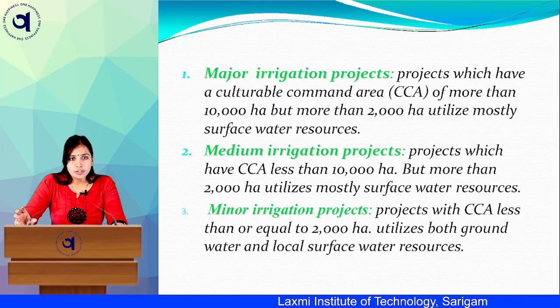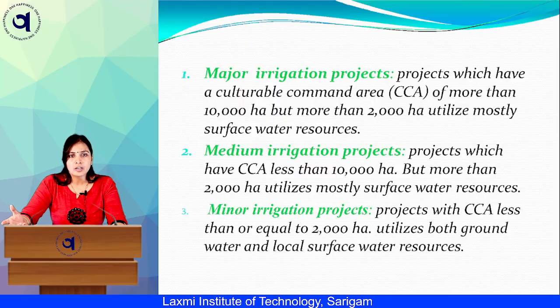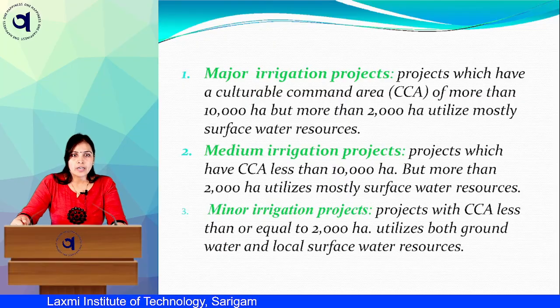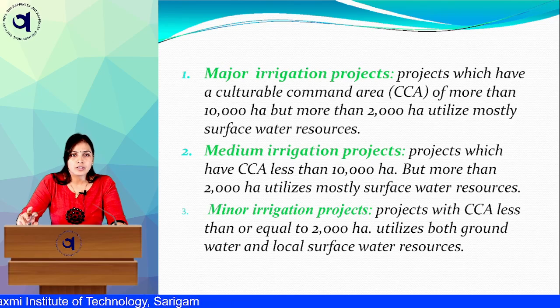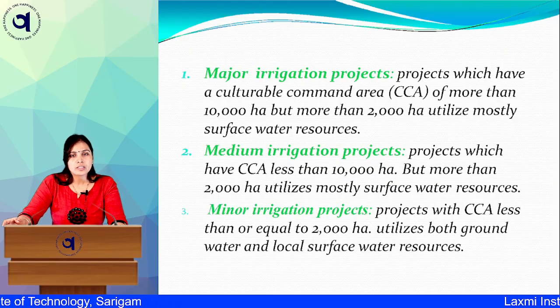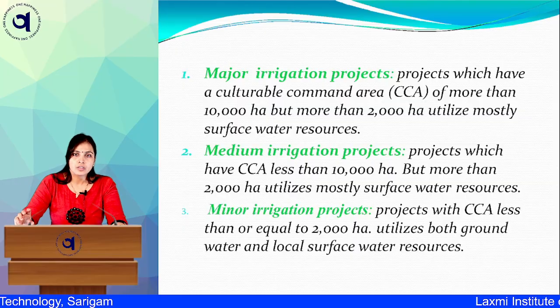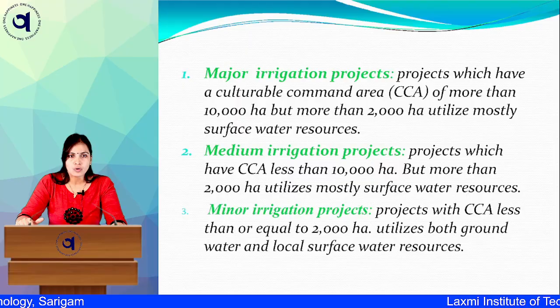If your culturable command area is more than 10,000 hectares, then it comes under major irrigation projects, and more than 2,000 hectares utilizes mostly surface water resources. Surface water resources means we are getting the water from the canal. Medium irrigation projects have less than 10,000 but more than 2,000 hectares of cultivable command area, and utilize mostly surface water resources, same as major but less than 10,000 hectares.